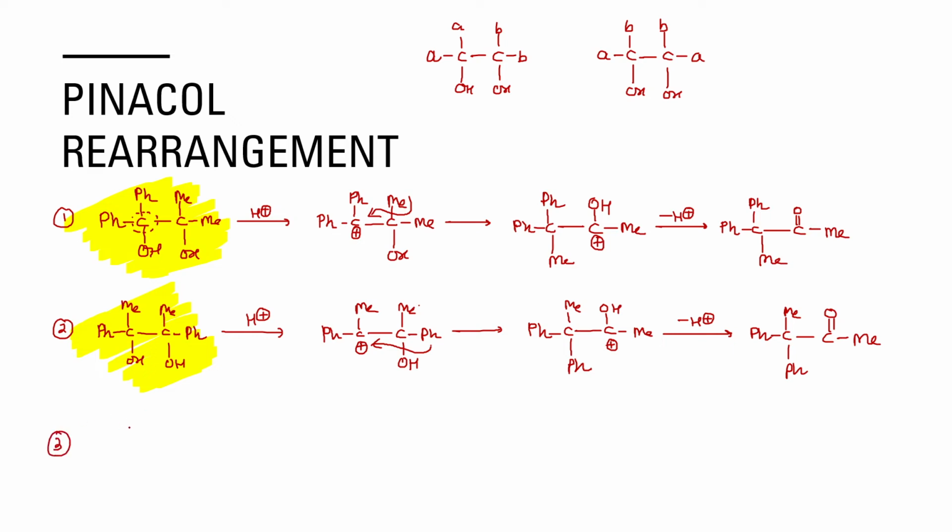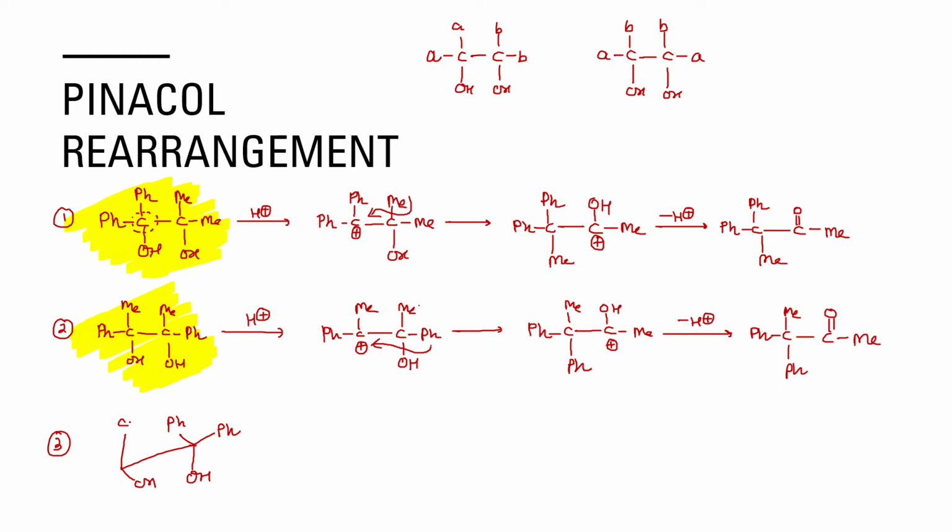Next, if I take into consideration any molecule in which the migrating group is chiral, okay? For example, let's assume I have taken such a compound: Ph, OH, and we have OH. There is a carbon.